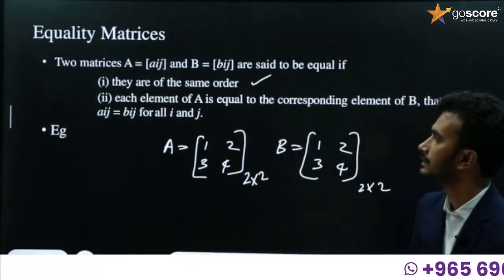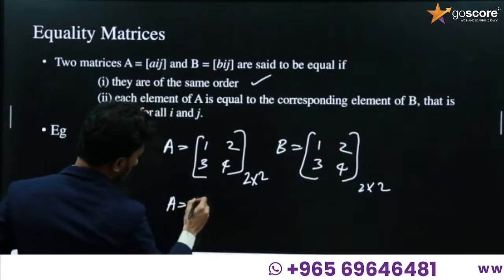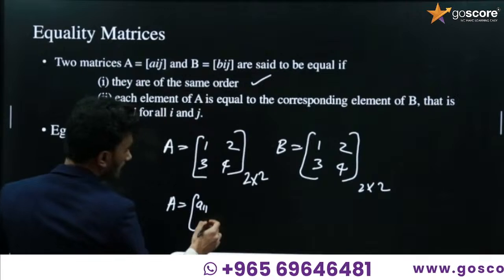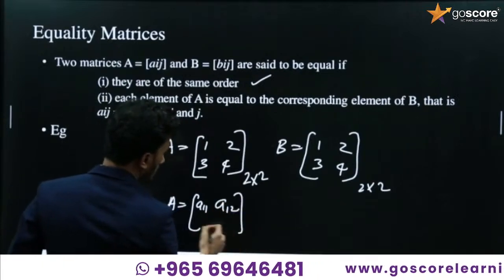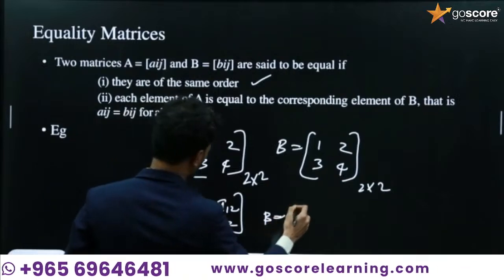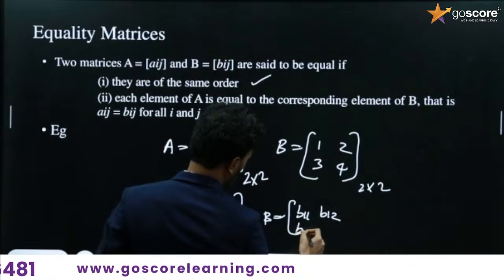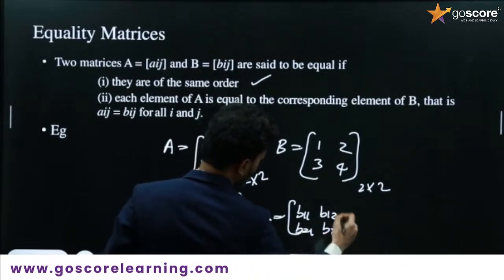In this concept, I will write A is equal to A11, A12, A21, A22, and B is equal to B11, B12, B21, B22.